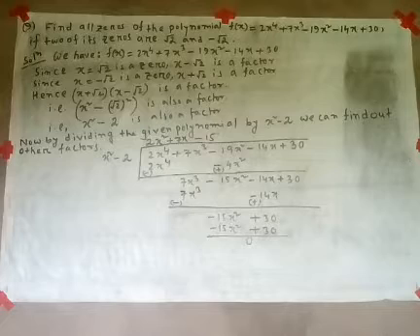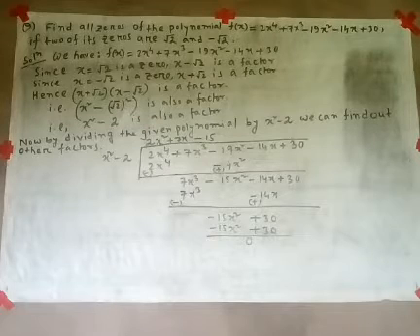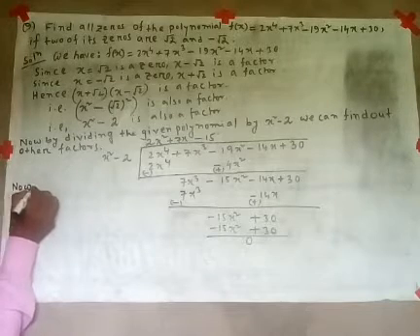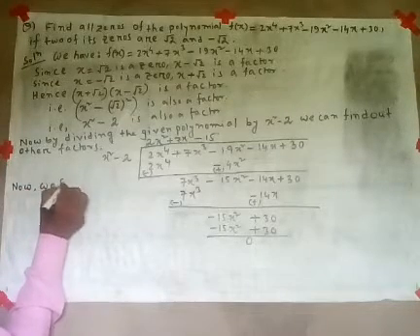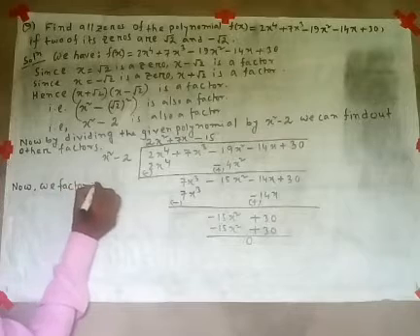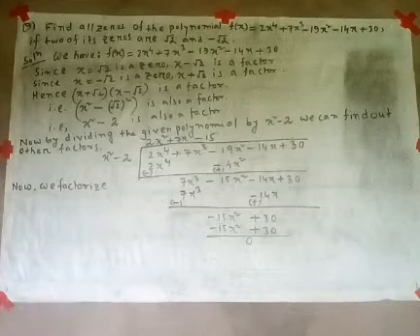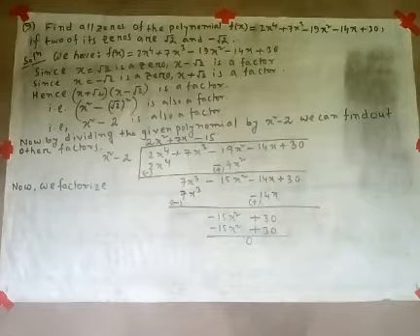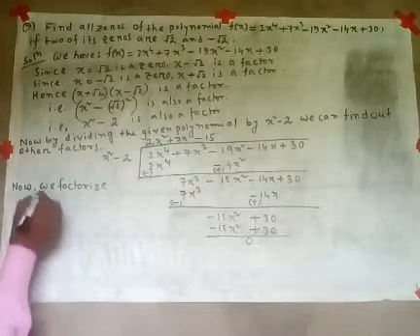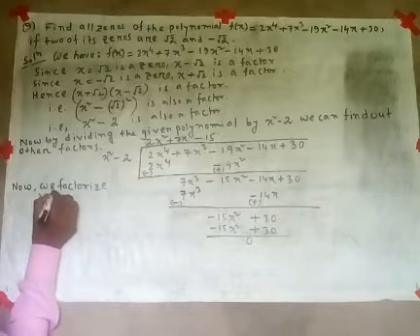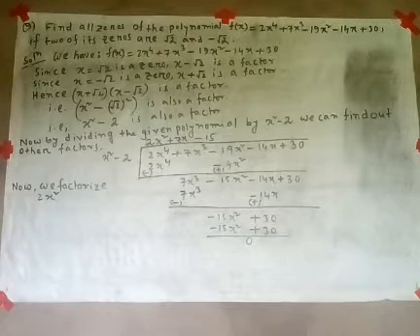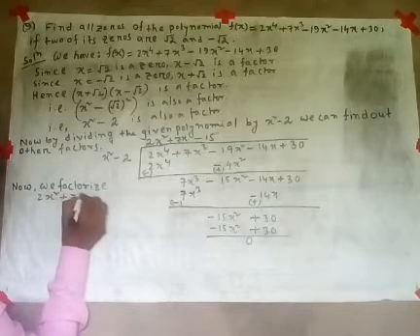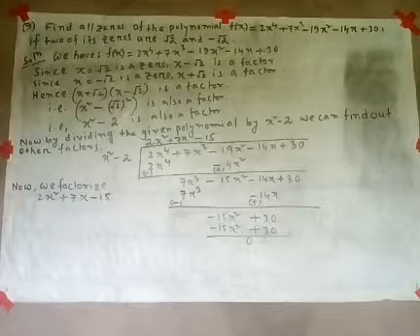Now we factorize 2x square plus 7x minus 15.